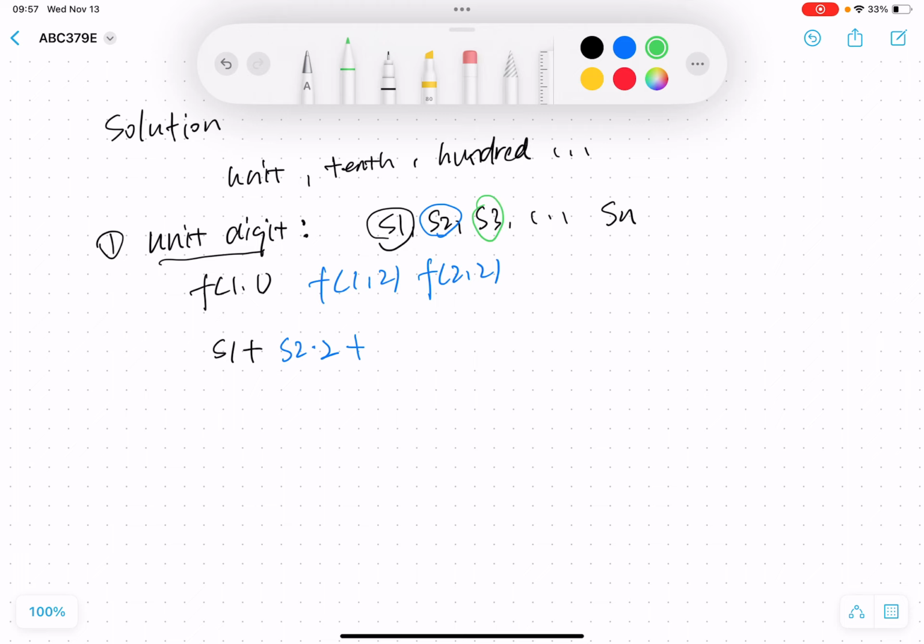For S3, we need to use f(1, 3), f(2, 3), and f(3, 3). So we need to add S3 3 times. So S3 multiply 3 plus, and so on, till Sn.